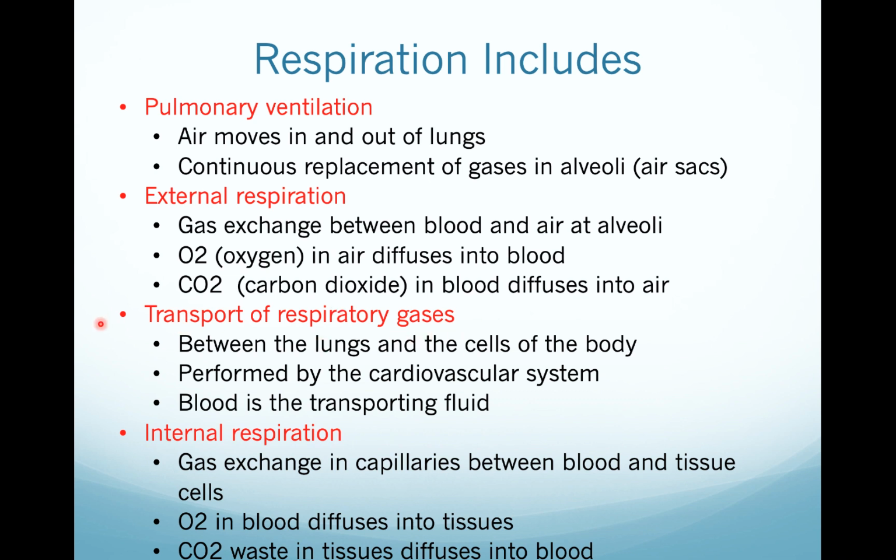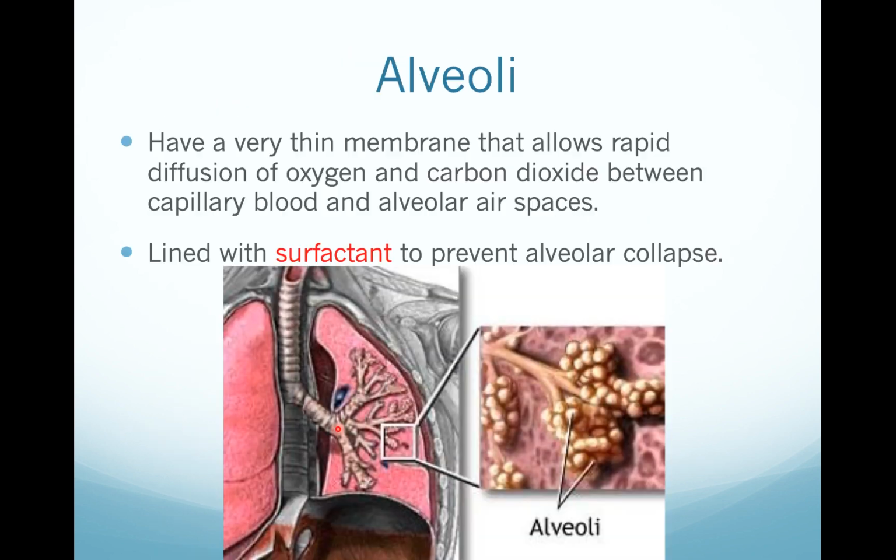Once oxygen goes from alveoli into the blood, that oxygen is going to move through the blood and get delivered to the tissues that it needs to go to. At the same time, the blood is going to pick up the carbon dioxide from the tissues and circulate it back through the veins, going back to the heart. Internal respiration is that process of gas exchange between the blood and the tissues itself.